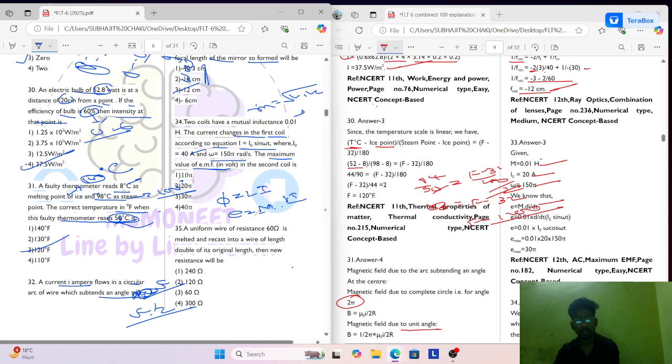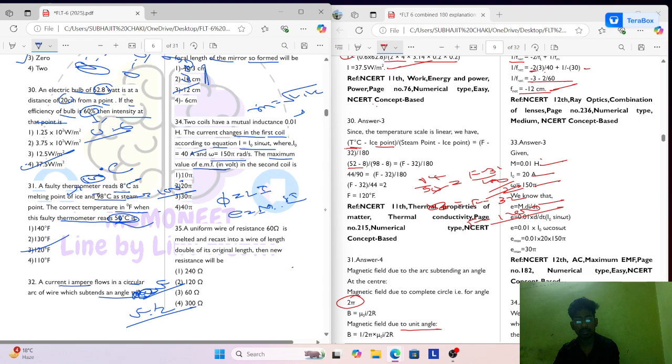A particle of 6 kg is located at the position i plus j and has velocity this. This is position, this is velocity. Component of angular momentum: angular momentum is L equals m, v cross r. Cross product you have to calculate.